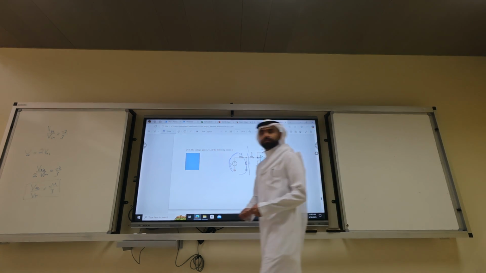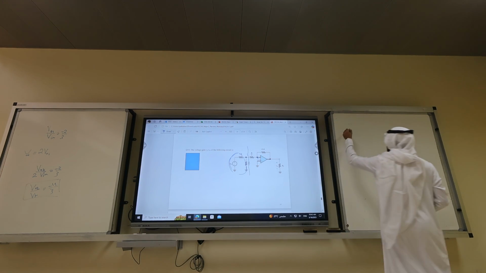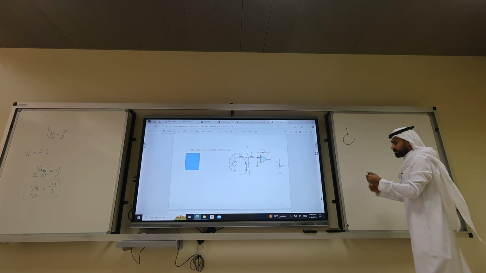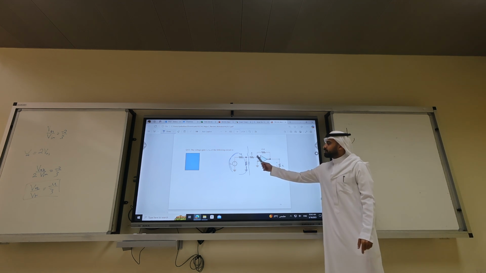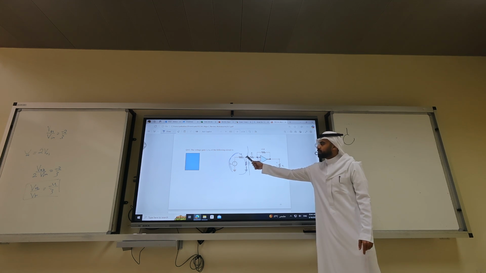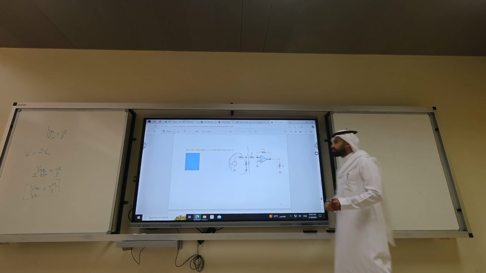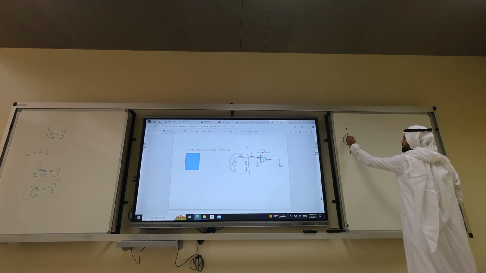Let's try. Because of the virtual ground, R over 2 is parallel with R over 2. And you can calculate this voltage using VDR later. So can I say this circuit looks like this?